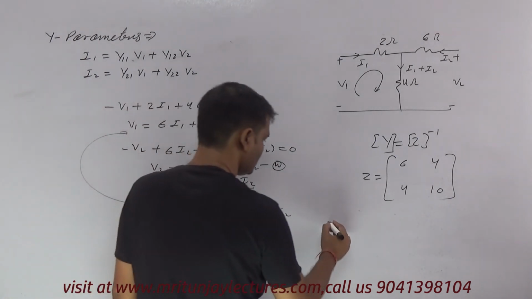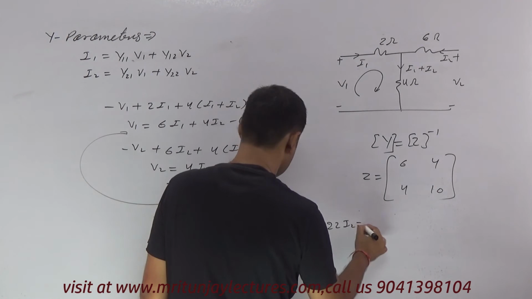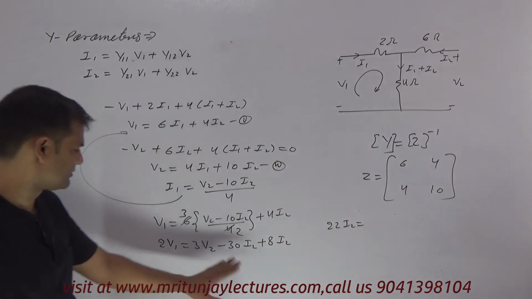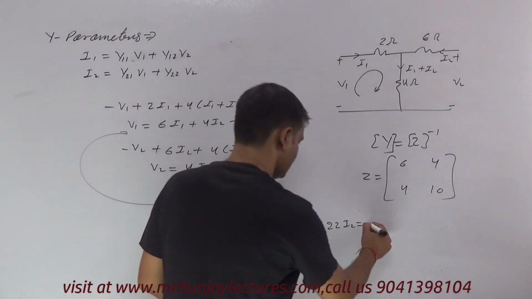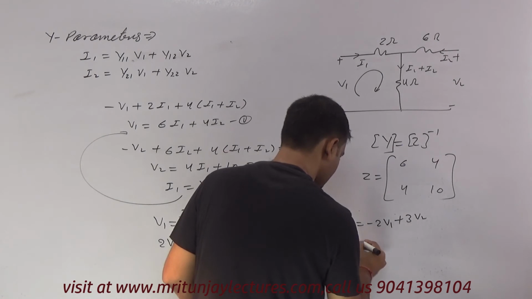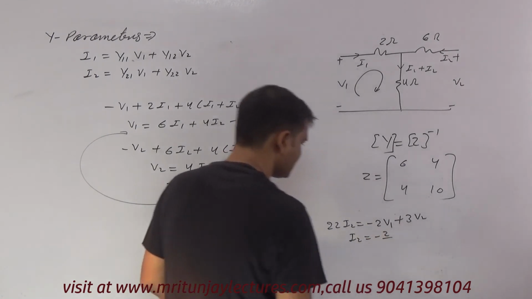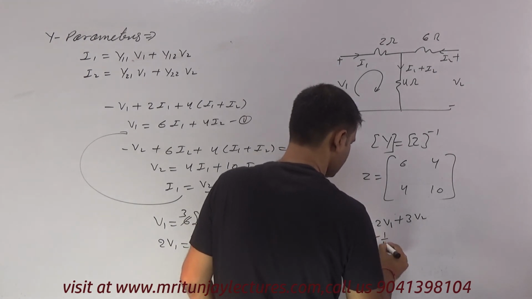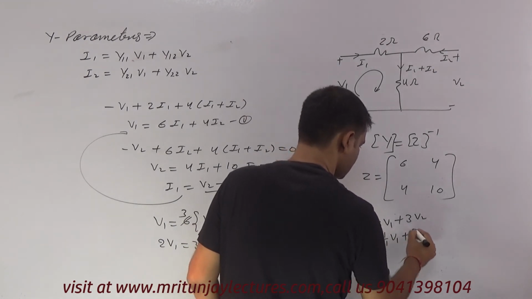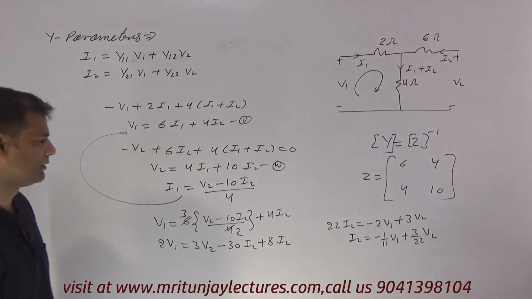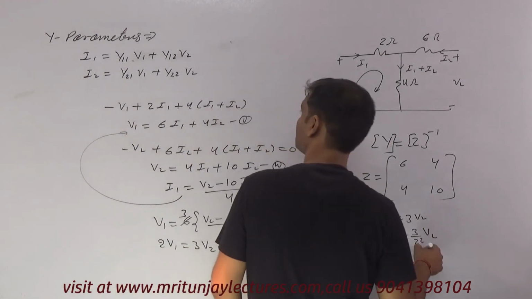So this is 22 I2, minus 2 V1 plus 3 V2. So I2 will equal minus 2 divided by 22, that is 1 by 11 V1 plus 3 by 22 V2. Okay, that is equation number 3.